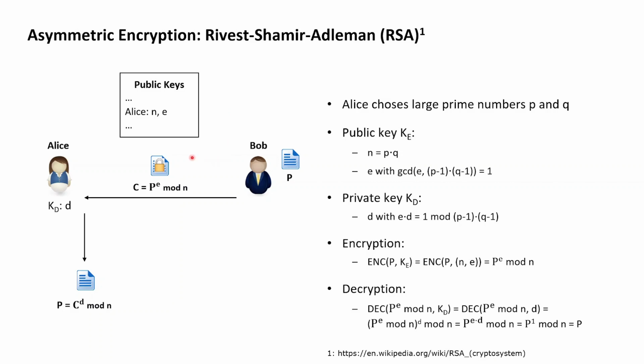Once Bob encrypted the plaintext into the ciphertext like this, Bob sends the resulting ciphertext to Alice, who, by making use of her private key, can then recover the original plaintext from the ciphertext. In the next couple of slides, we will have a look at the actual steps that need to be performed by both Alice and Bob in order to pull this RSA-based asymmetric encryption and decryption of a plaintext really off.